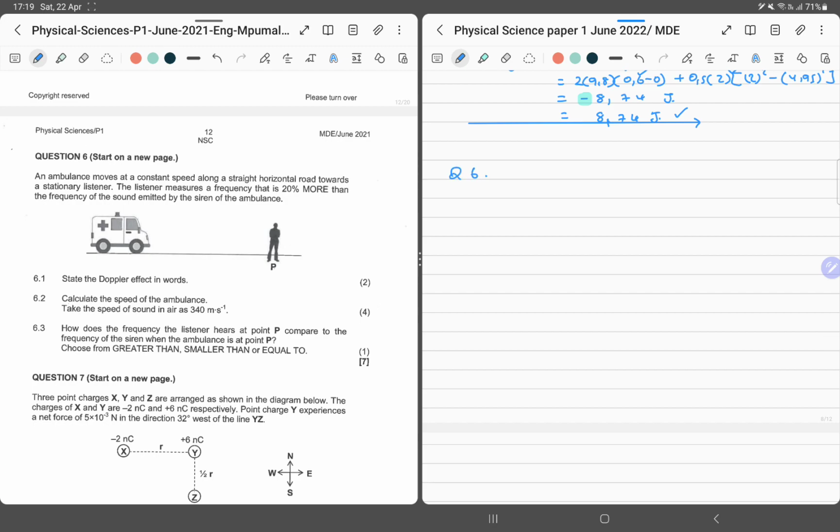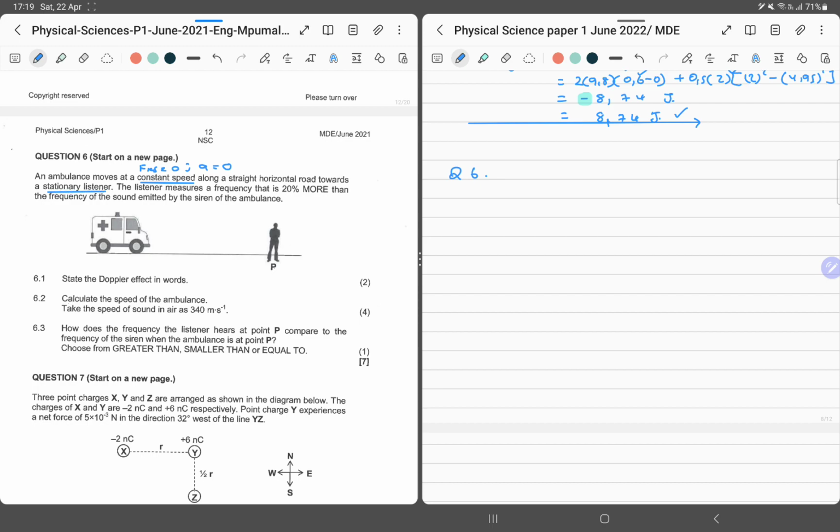Question 6, so we're doing Doppler effect. So these are the topics for your term 2. An ambulance moves at a constant speed. Okay, what does that mean? The resultant force is 0, and therefore there is no acceleration as well. Along a straight horizontal road towards a stationary listener.